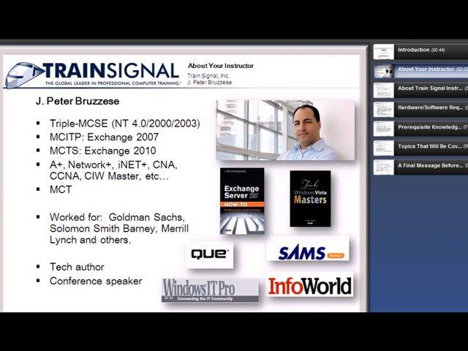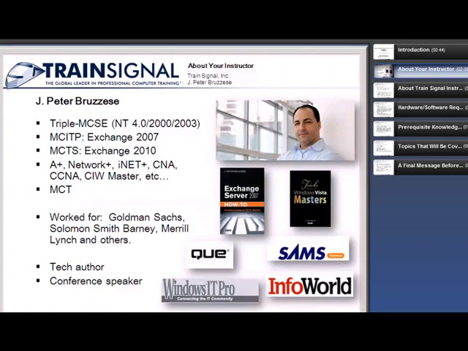Now, over the years, I've worked for a variety of companies like Goldman Sachs, Salomon Smith Barney, Merrill Lynch, and a host of others like New Horizons and even Microsoft. That work experience led to eventually writing a few magazine articles and then to a book deal, and now I have over a dozen titles to my credit which have been sold internationally in over 8 languages.